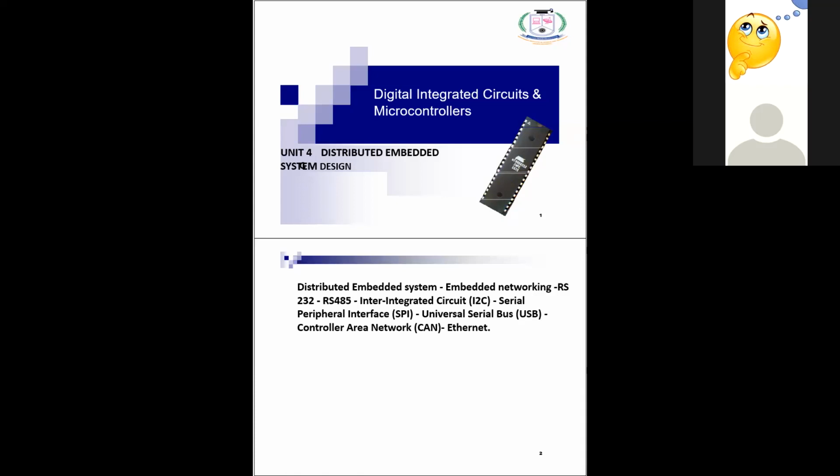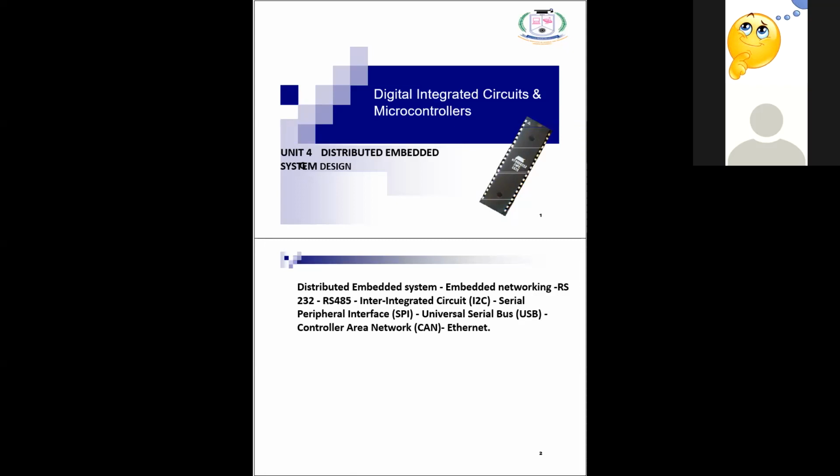Then SPI, serial peripheral interface, was developed by Motorola. Motorola is the manufacturer of this protocol, and slowly it was accepted all over. And the controller area network, CAN, was invented by Robert Bosch.